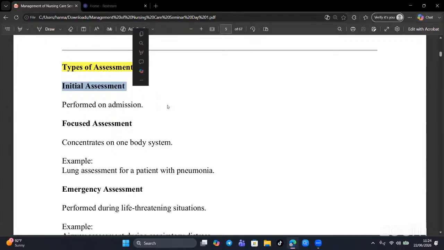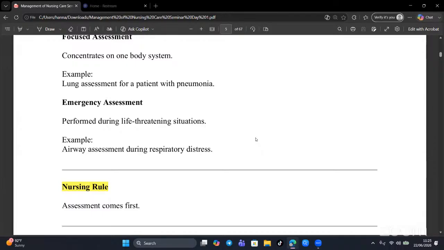On focused assessment, we concentrate on the body systems, system by system. So you do the lungs, the central nervous system, and all those. Then we have emergency assessment. It is performed during life-threatening situations. Somebody is crashing because of bleeding, getting hypovolemic shock, we do emergency assessment.